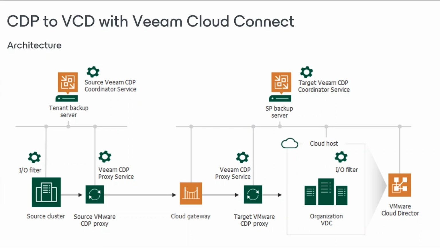So again, it is a pretty similar setup as with the Cloud Connect replication in terms of vCloud Director. One difference is that to be able to use the organization VDCs for CDP, you must install the I/O filter on each VDC where vApps reside.